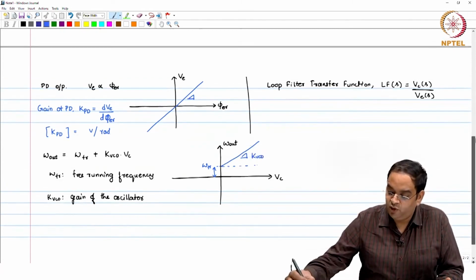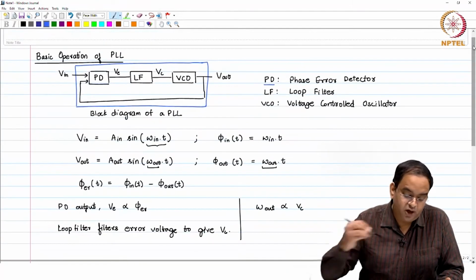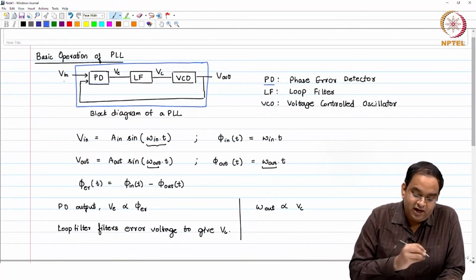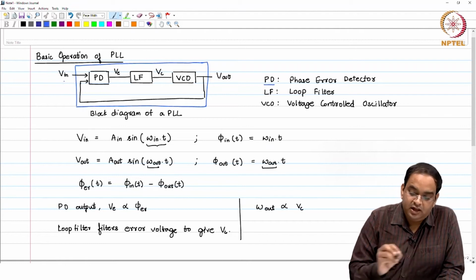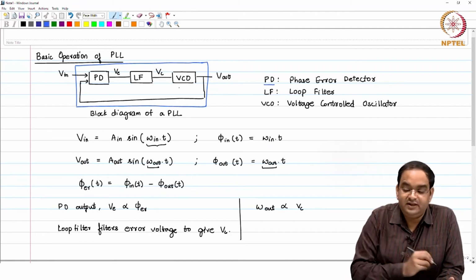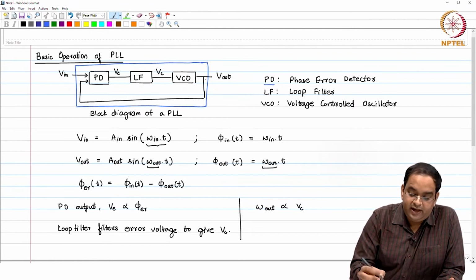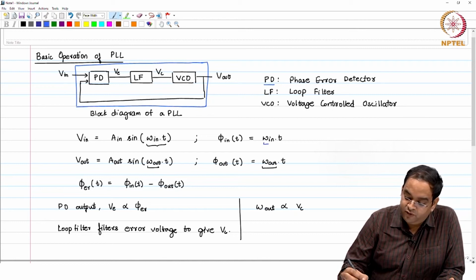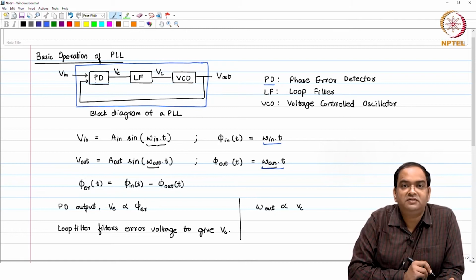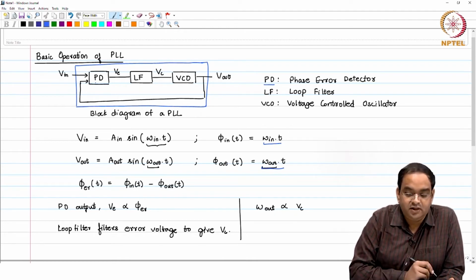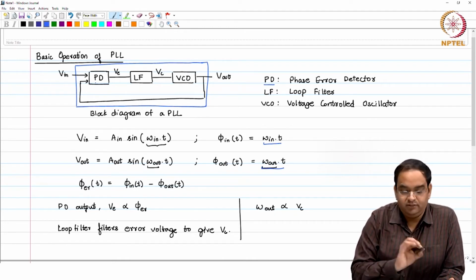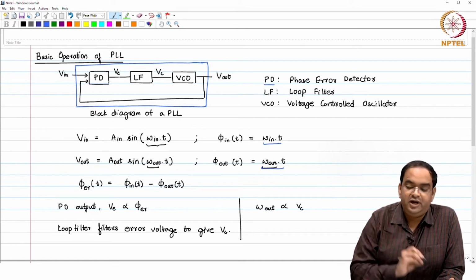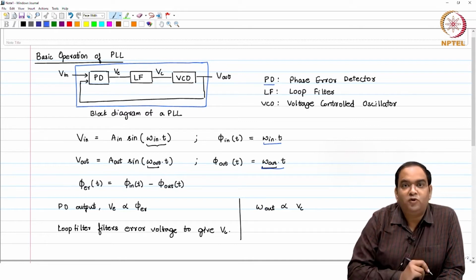After knowing this, if you come back to this block, you see the oscillator generates a sinusoidal output, and if there is any error between the input phase and the output phase, the phase error detector generates an error voltage at its output, proportional to the phase error. The error voltage gets filtered using a loop filter, generating another voltage.